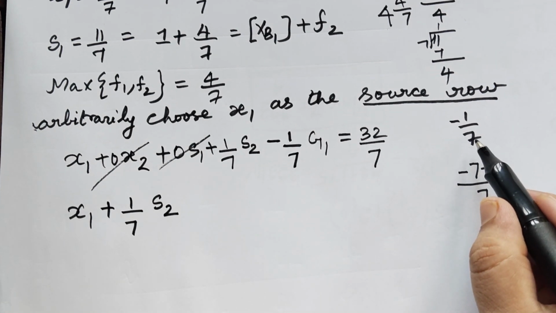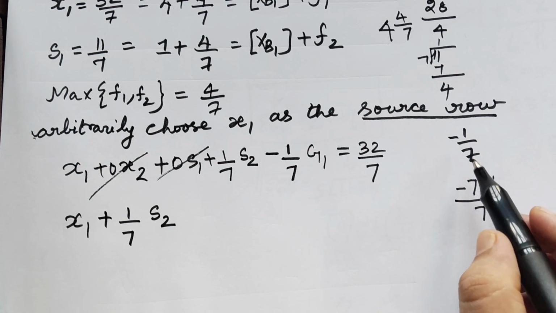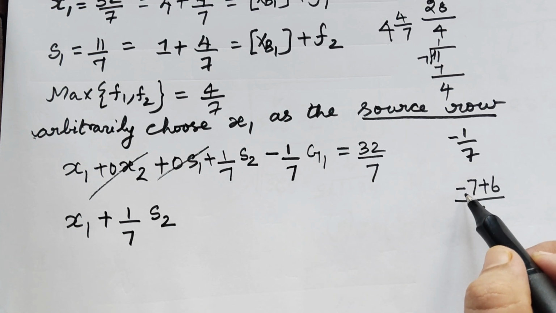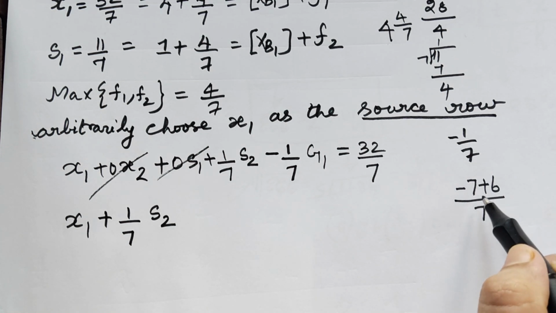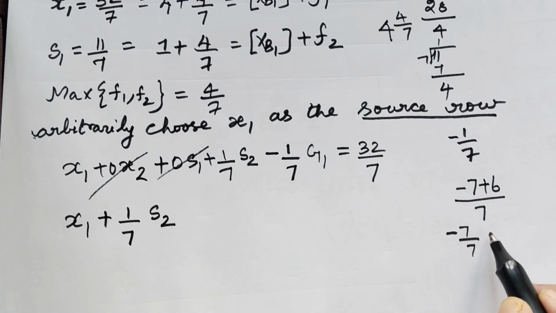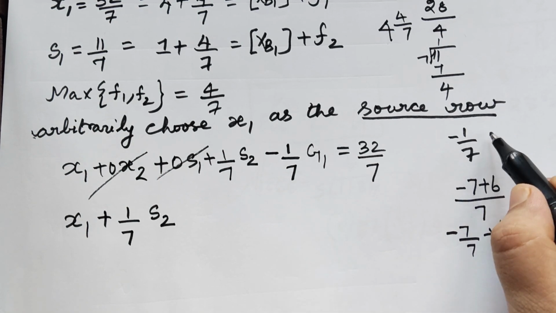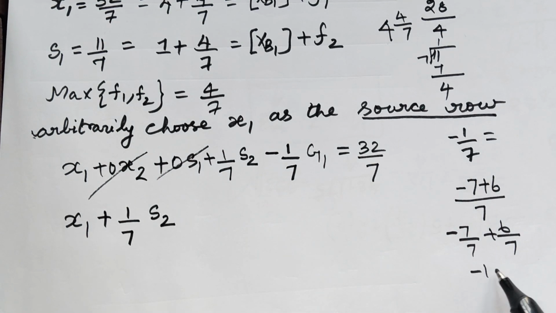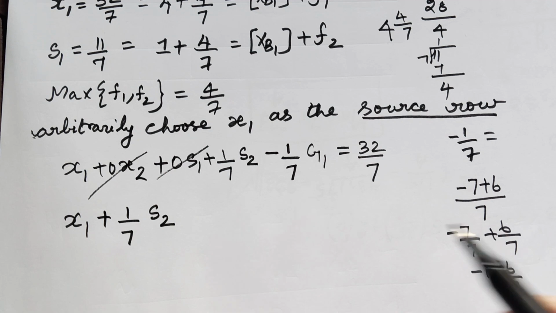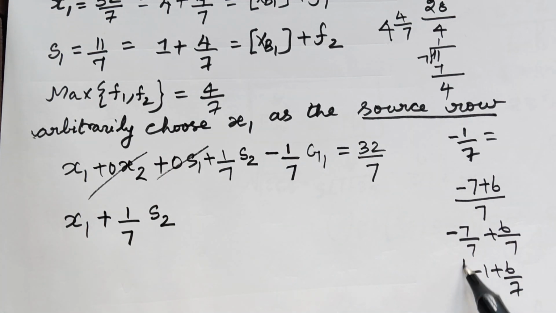Now separate the denominator for each term. So it can be written as minus 7 by 7 plus 6 by 7. So minus 1 by 7 can be written as minus 1 plus 6 by 7.